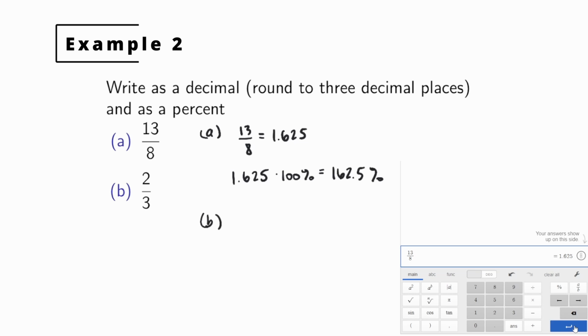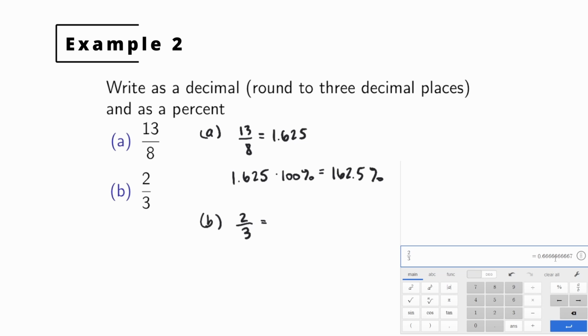For B, if we use our calculator and we take 2 divided by 3, you see 2/3. It's going to give us 0.6 repeating. Really that 6 repeats forever. That 7 is just rounding to that spot.